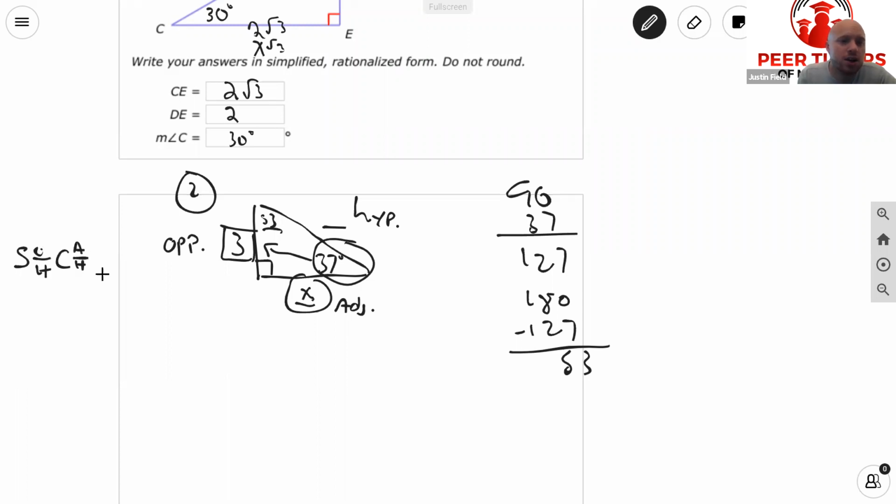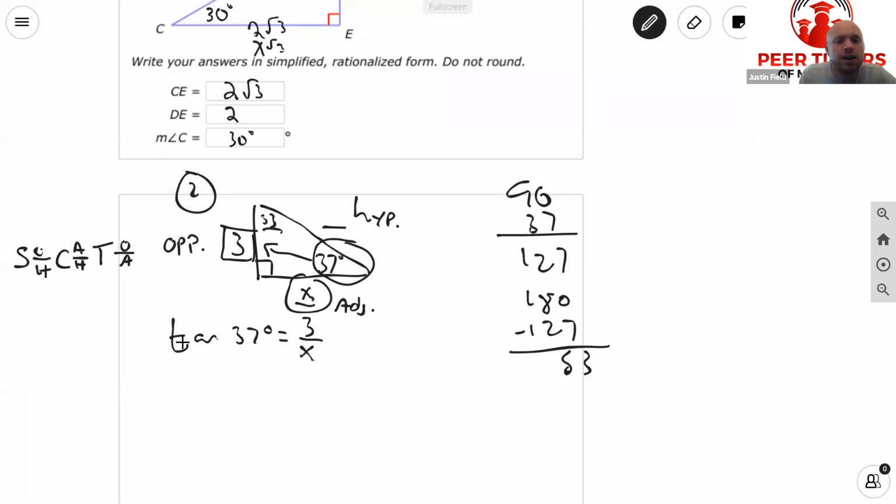Is it cosine? No, that's adjacent and hypotenuse. Is it tangent? Yes, tangent is opposite over adjacent. Okay, so the tangent of 37 degrees is equal to the opposite over the adjacent. So now we just solve for x.